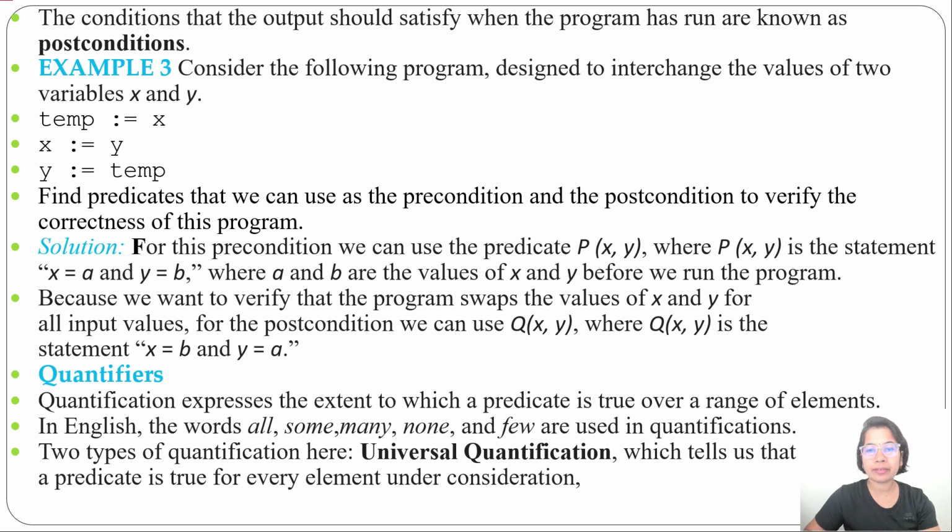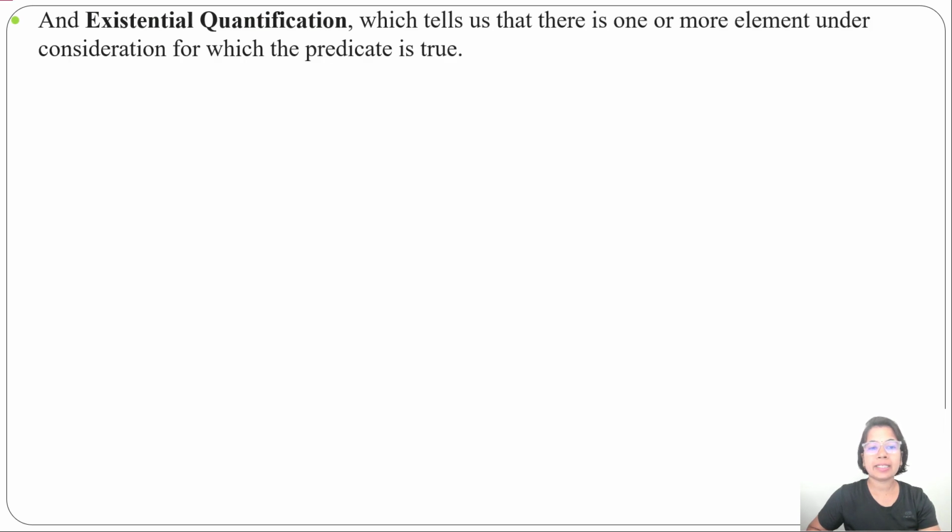So universal quantification tells us that the predicate is true for every element under consideration, and existential quantification tells us that there are one or more elements under consideration for which the predicate is true. So in the case of universal quantification, it is true for all. In the case of existential, for at least one or more elements, it is true.